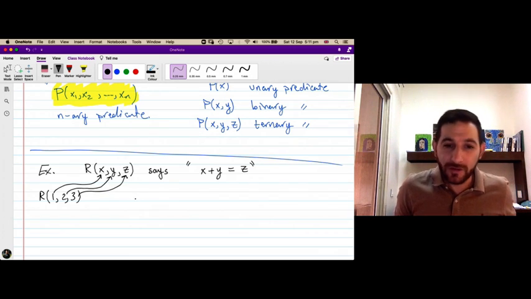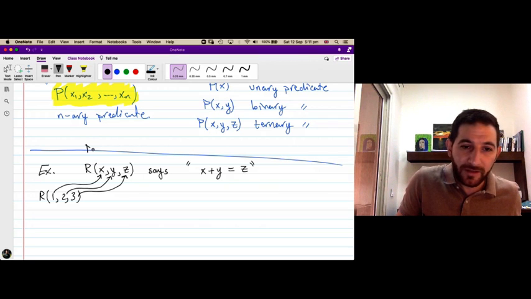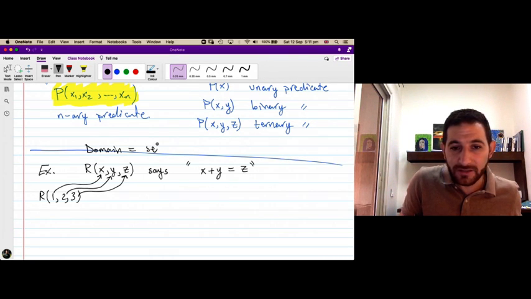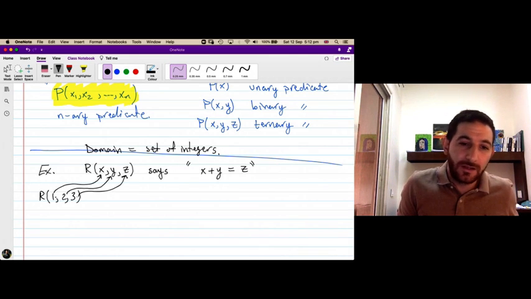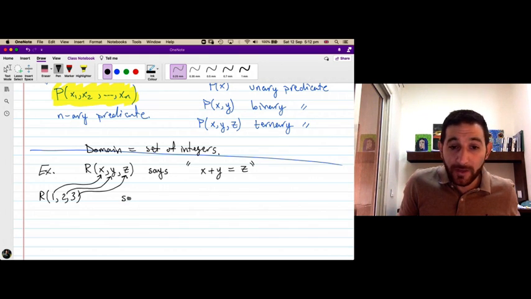I forgot to say that the domain of the variables is the set of integers. Remember, every predicate should come with a domain, and here the domain is integers, whole numbers. So I choose the value 1 for x, 2 for y, and 3 for z. Then we get a proposition.